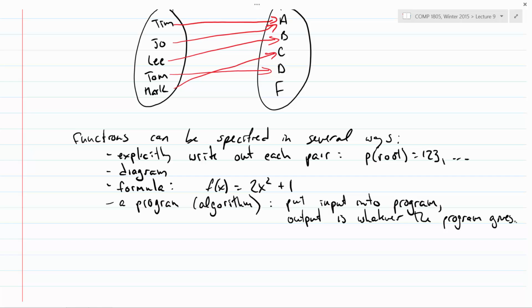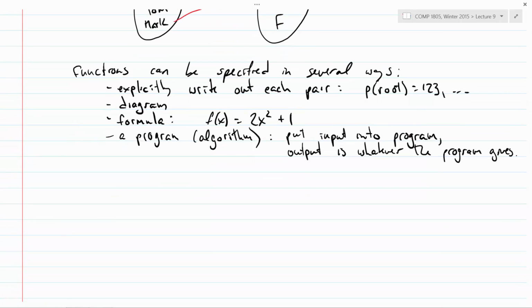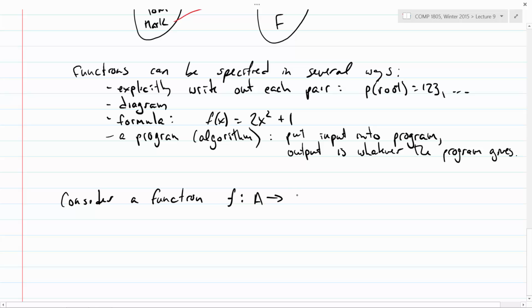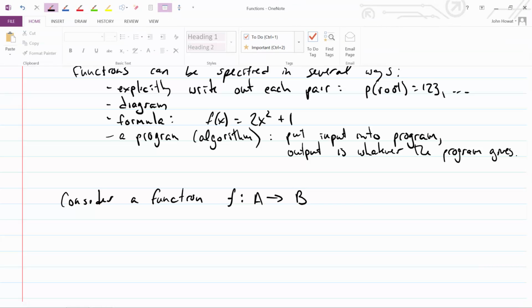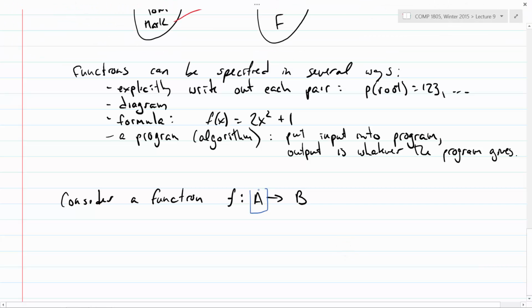All right, so now that we know how to specify functions, let's start talking a little bit more about them. There's lots of terminology that goes along with functions. So let's say we have a function, the function f, and it goes from the set A to the set B. We have special names for A and B. So A is called the domain.